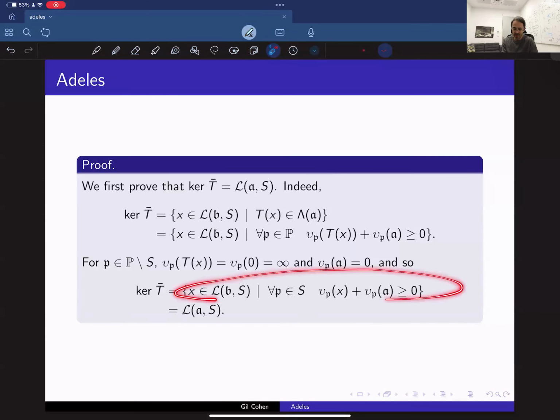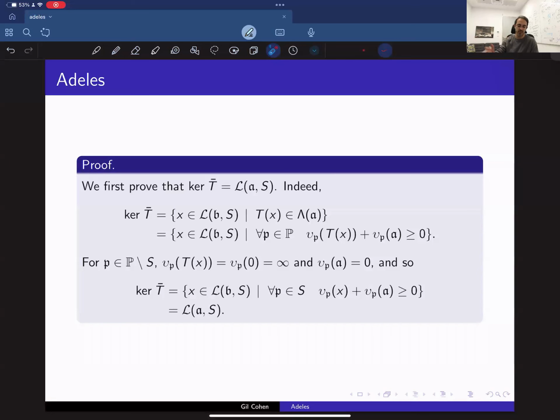And technically that's not precisely LA of S, but if you replace it by F, then this is the definition of LA of S. So what we really have here is LA of S intersection with LBS, but their intersection is of course LAS because it is contained in LBS. Okay. So that proves that the kernel is what we want.